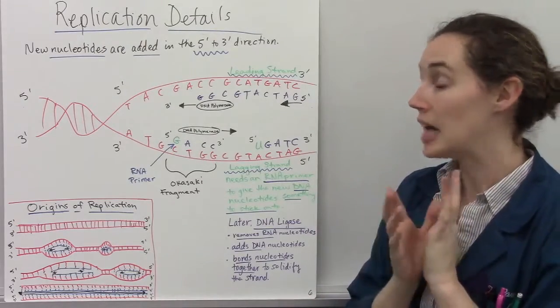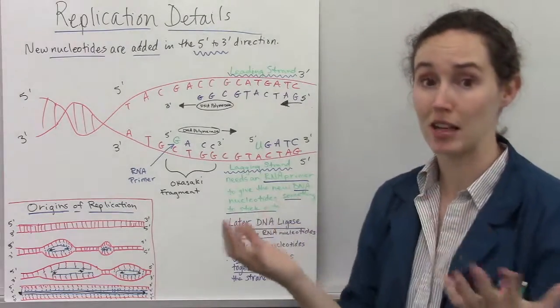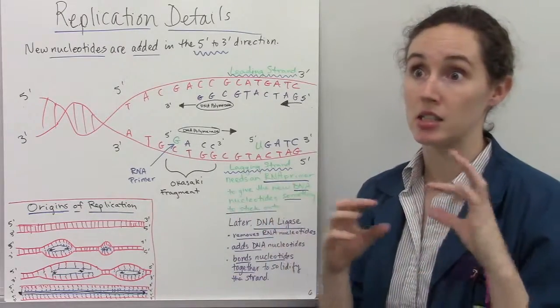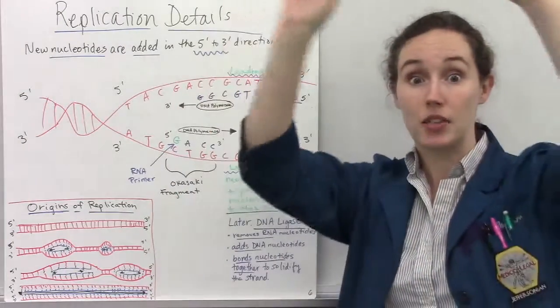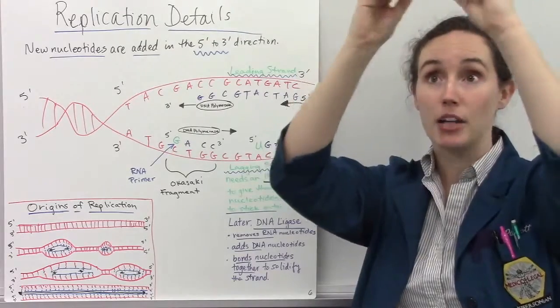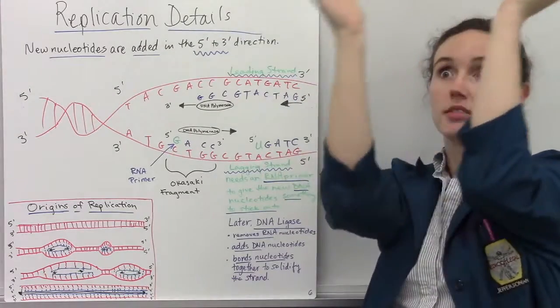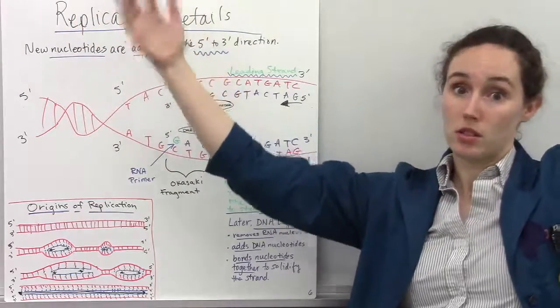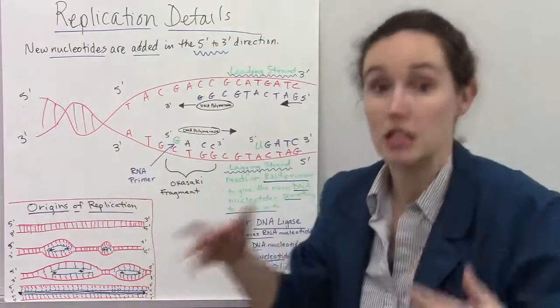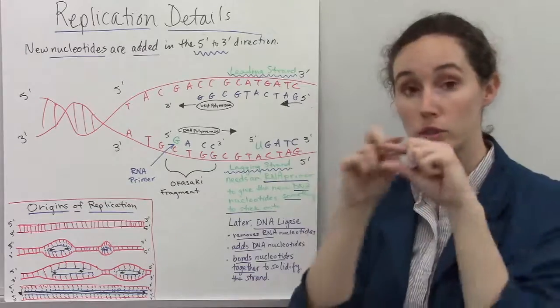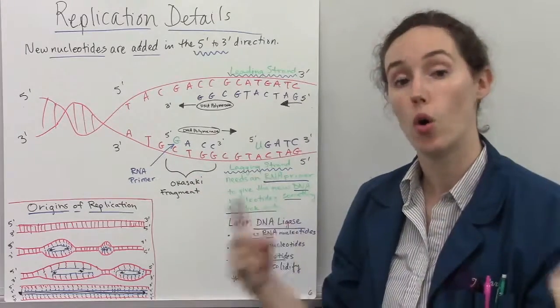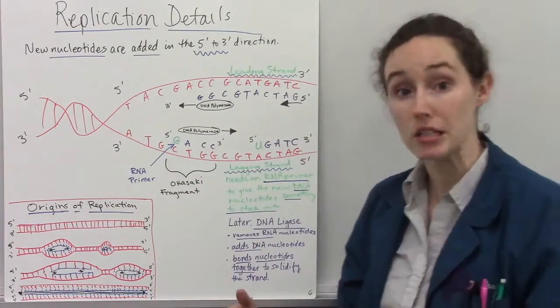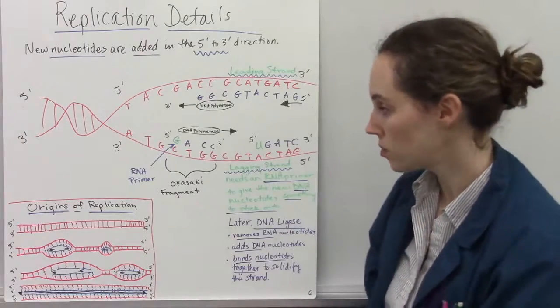And the last thing to talk about is just the fact that it's not like replication happens at the top of a chromosome and you have this huge zipper and an entirely huge chromosome unzips all at once. That would take forever. So our chromosomes actually have multiple origins of replication, or places where replication starts.